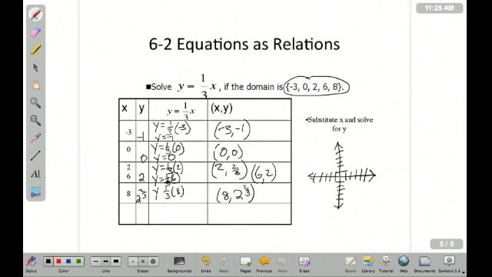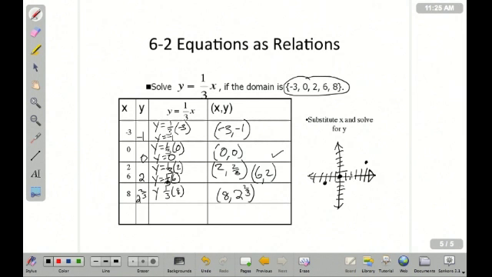Here's 0, 0. I'll just plot that one. Negative 3, negative 1 goes to the left 3 and down 1. 6 and 2 is to the right 6 and up 2.